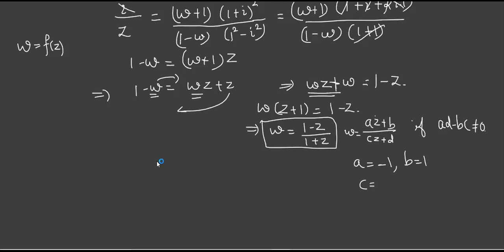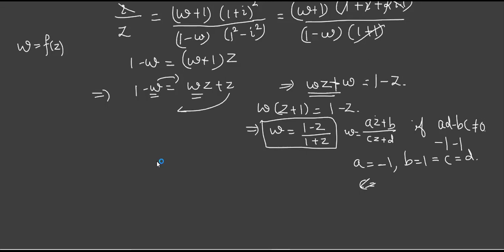See, actually all coefficients are 1. Only this is minus z. Correct. That means only a is minus 1. Rest b, c, d all are 1. Let us take this. If I multiply minus 1 into 1, ad minus bc I am taking. Minus 1 into 1 is minus 1, minus bc. 1 into 1 is again 1. Is minus 1 minus 1 equal to 0 or not 0?